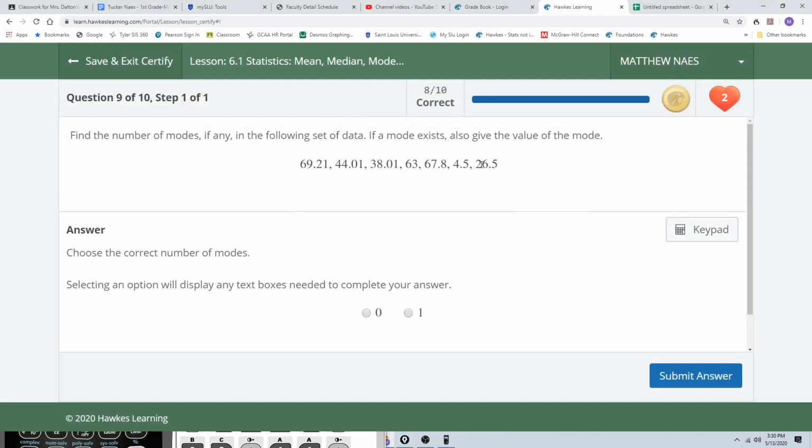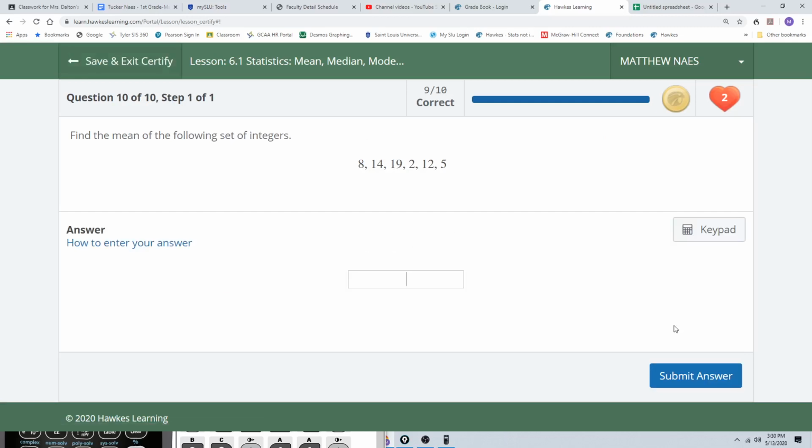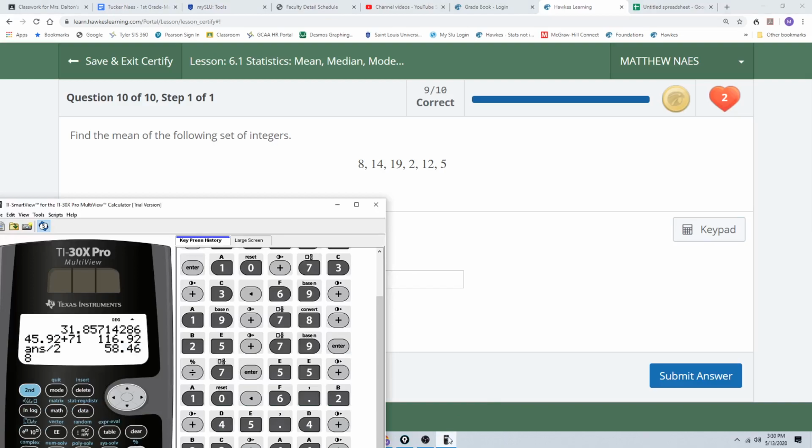Okay, continuing. Mode. Do I have a mode here? I don't think I do. No number repeats, so no mode. And then mean again. Add them up, divide by how many you have. 8 plus 14 plus 19 plus 2 plus 12 plus 5.